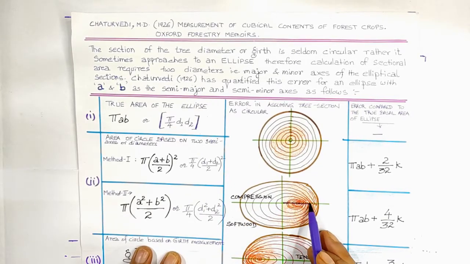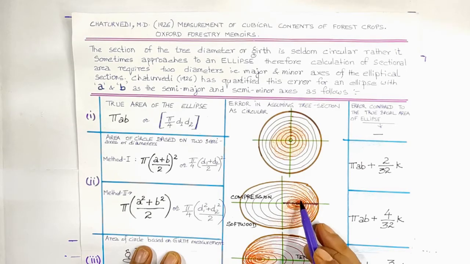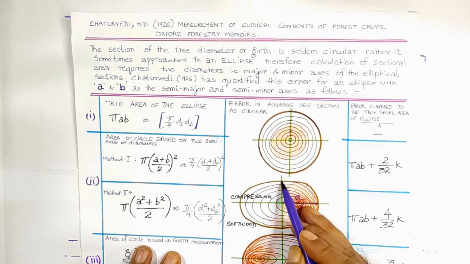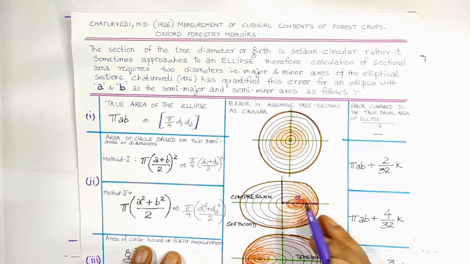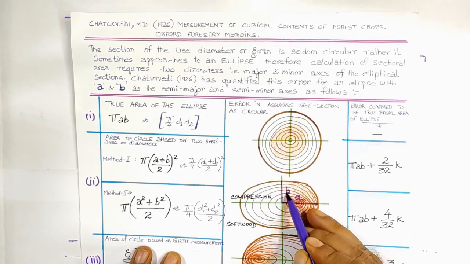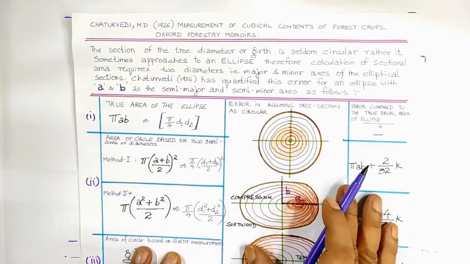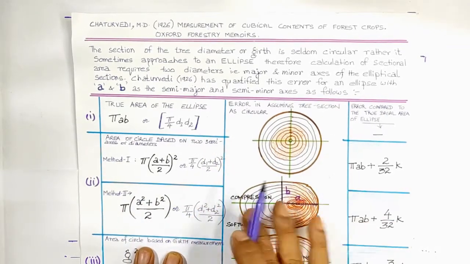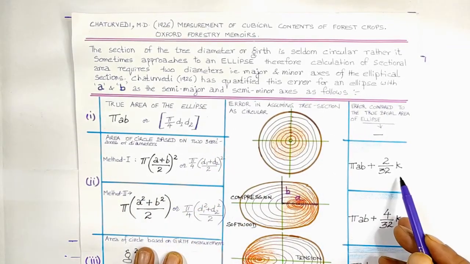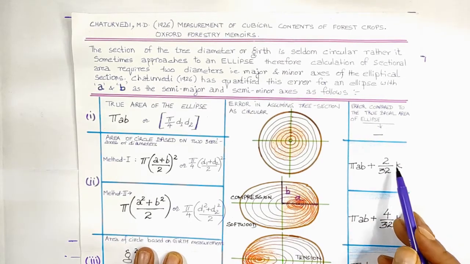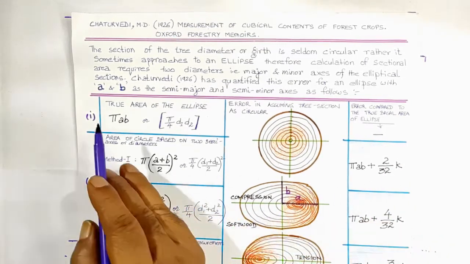From here to here it is the semi-major, we can say it is A, and here it is the semi-minor, or we can take it as B. We are talking of radius. So let's see how it has been compared by taking a constant. He has calculated one constant, and on the basis of the constant we calculate how much error comes.